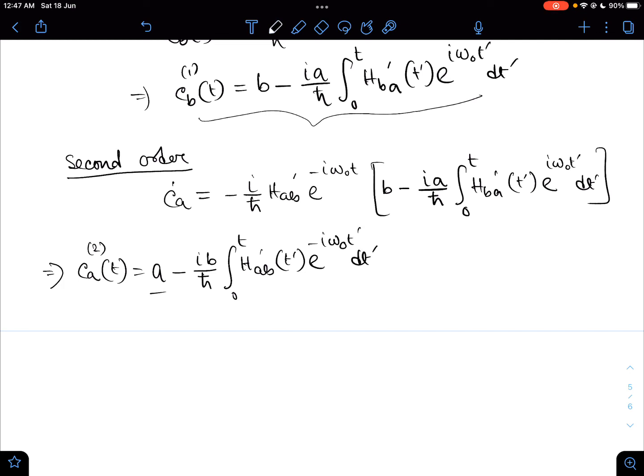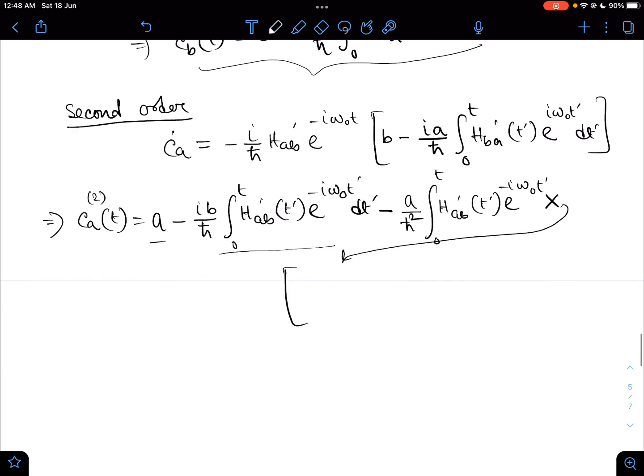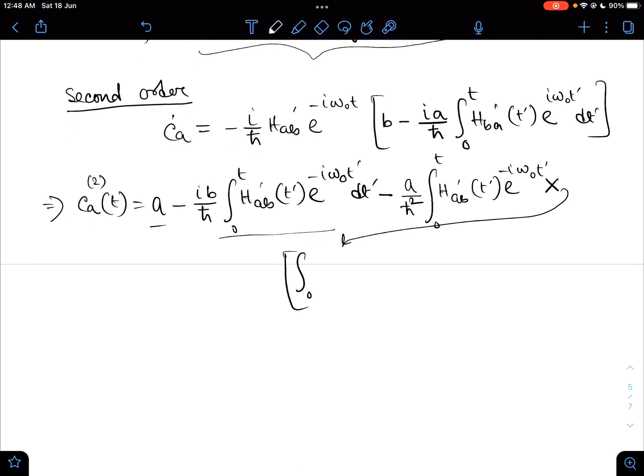That is the first order term, and another term will be A by h cut squared integral 0 to t HAB prime(t prime) e to the power minus i omega 0 t prime, multiplied by integral 0 to t prime HBA prime(t double prime) e to the power i omega 0 t double prime dt double prime, and we have dt prime.